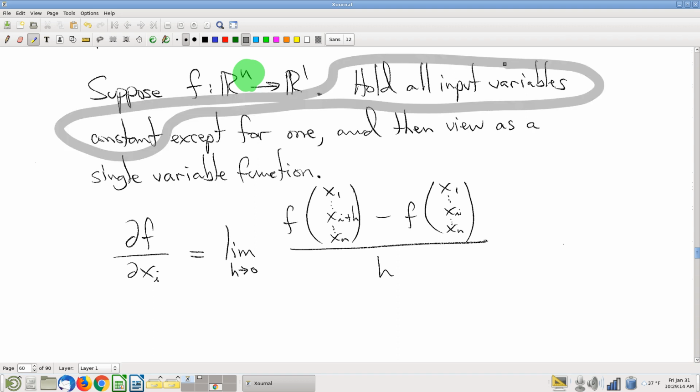Just fix them, like staple them to the ground, right? They're not allowed to move for the purposes of what I'm about to do here.